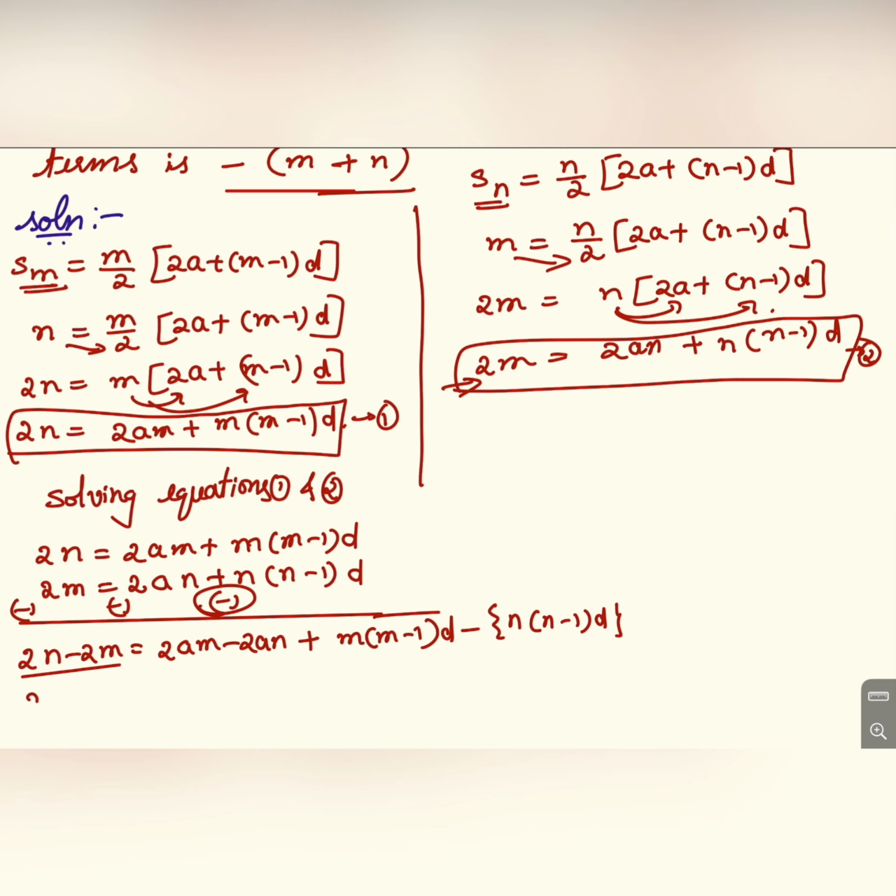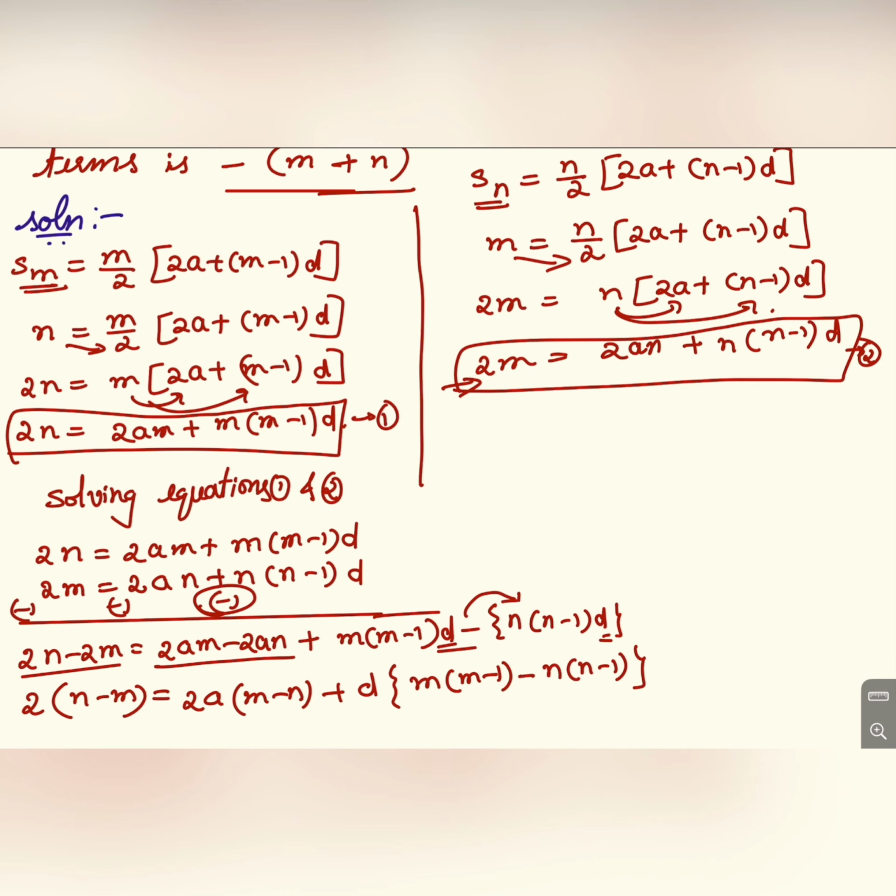In these two factors, 2 is common, so we are left with n minus m in the bracket is equal to, in this 2a is common, we are left with m minus n in the bracket plus d is common here, so let us take out d as common. Then we will have m into m minus 1 and multiplying with minus to this, minus n into n minus 1.